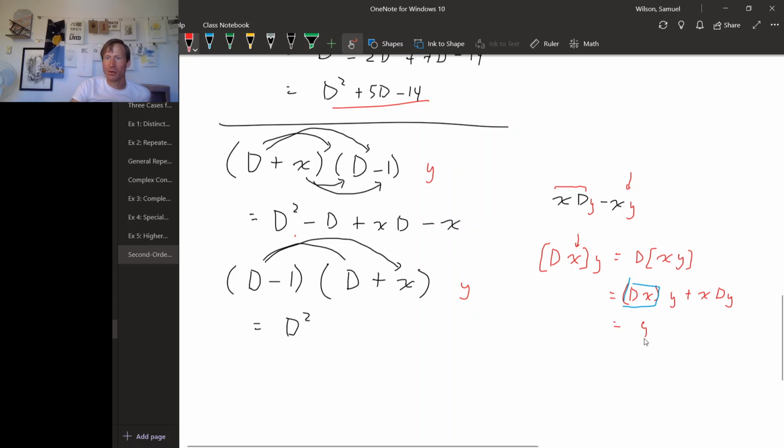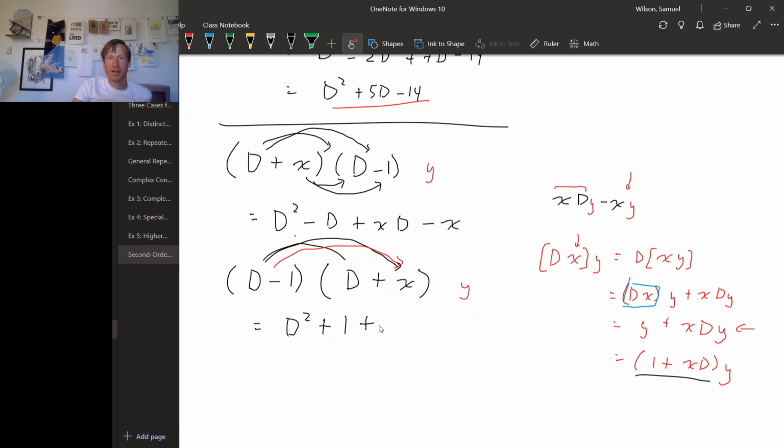So this is y plus x dy. And if we were to write this as a linear differential operator, we would write 1 plus xD applied to y. So this dx term right here results in this operator, 1 plus xD.